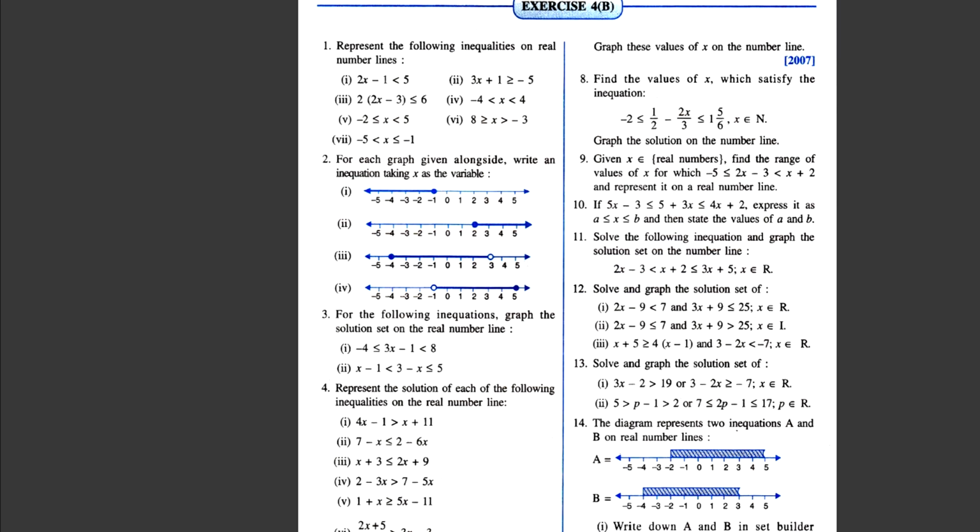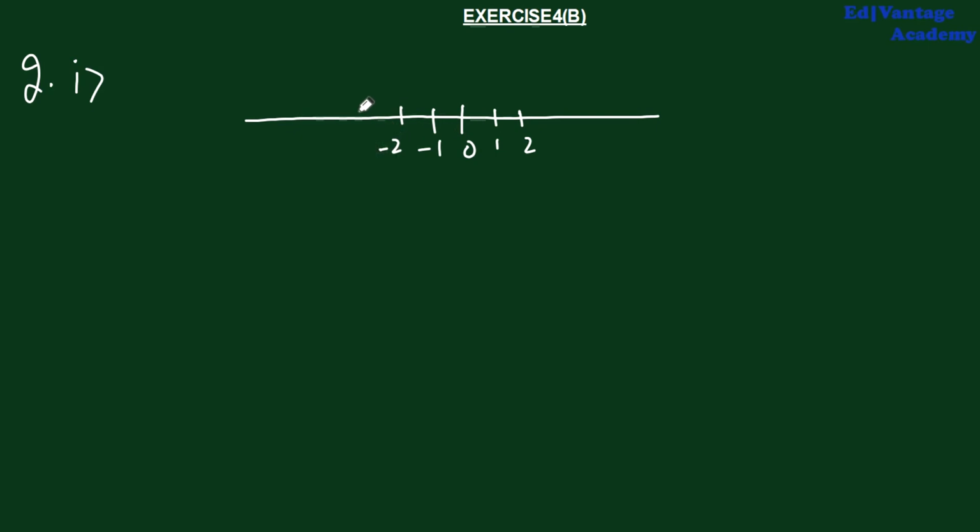So looking at the second question, first part, the graph given is to the left of -1. If you look into your textbook, they have clearly shown that the graph is starting from -1 and goes on to the left side with an arrow.